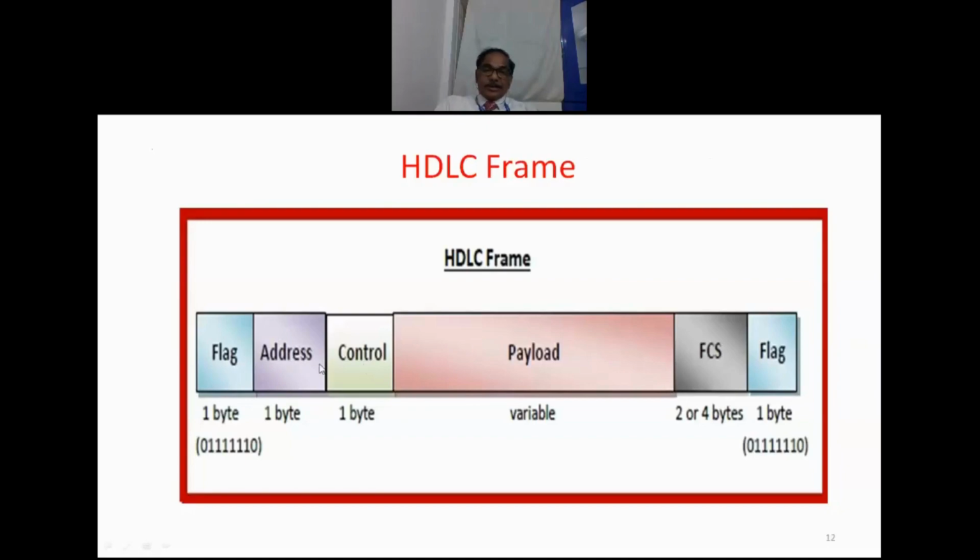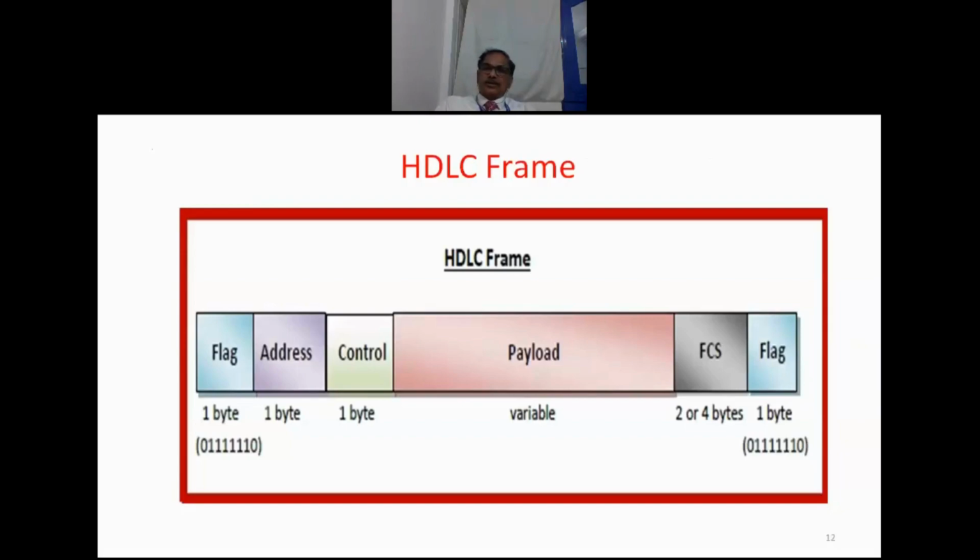Now, if the sender is the primary, then this address is a secondary address, that is the receiver address. Remember, the address always belongs to the receiver in this case. So this particular HDLC protocol is using only one address, that is the receiver address.